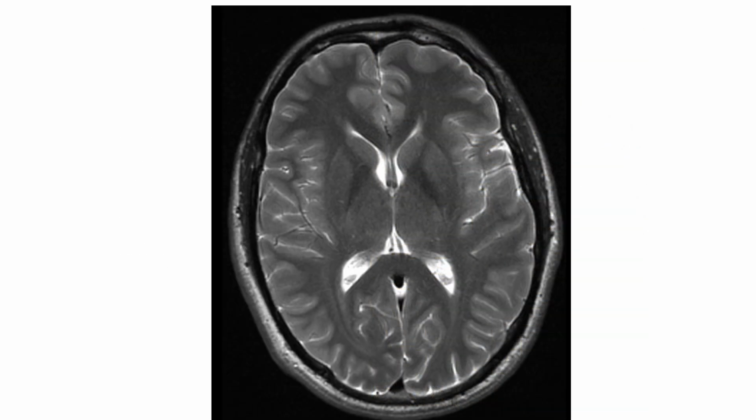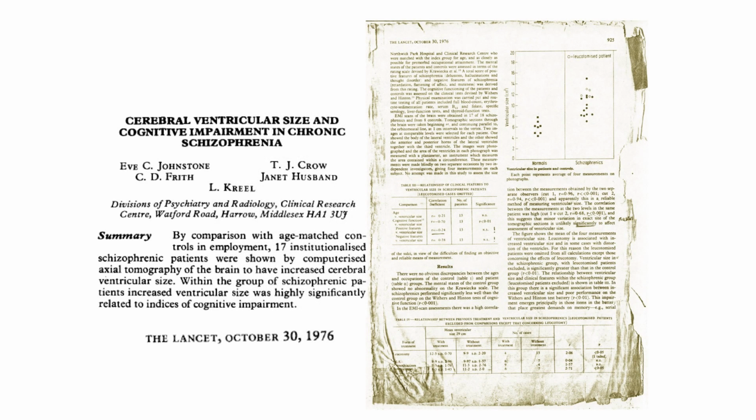This is a brain. This is my brain. So the article's about the ventricles. If you're not an imager, these are the ventricles. This is a so-called T2 weighted scan, so water comes up white. So these watery areas in the middle here are the gaps in the brain, the ventricles. And this paper's about ventricular size.